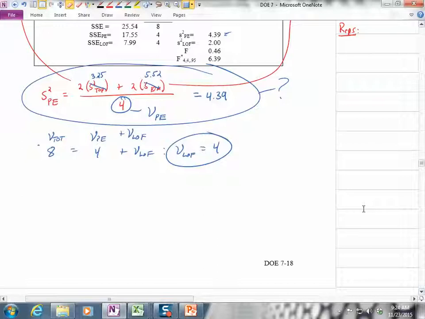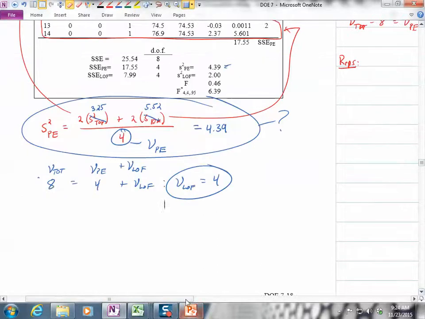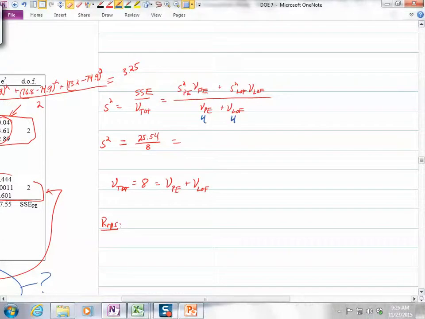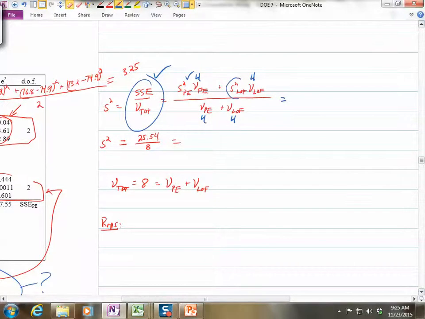All right, so we got that. We know this is 4. We know that's 4. 4, that's 4. We have this calculated. We have that calculated. We just got to put it in there and solve for that. So why don't we do that?